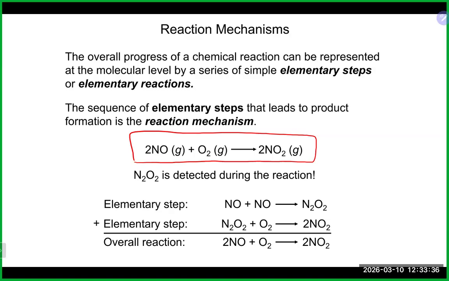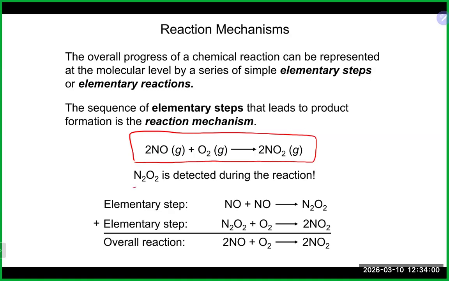A lot of times reactions are made up of individual little steps that occur, and then you add them together and you get the overall reaction that's happening. All these little steps along the way are what are referred to as elementary steps in a reaction mechanism. And why do we know that perhaps this reaction does not occur straightforward from reactants to products?